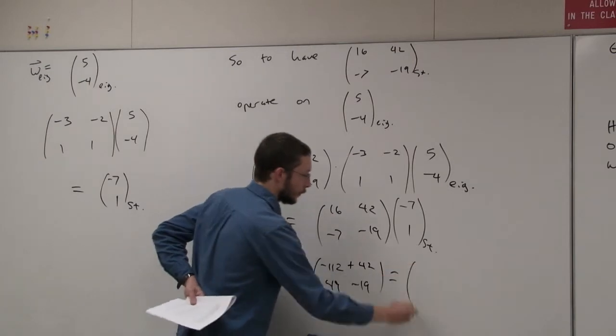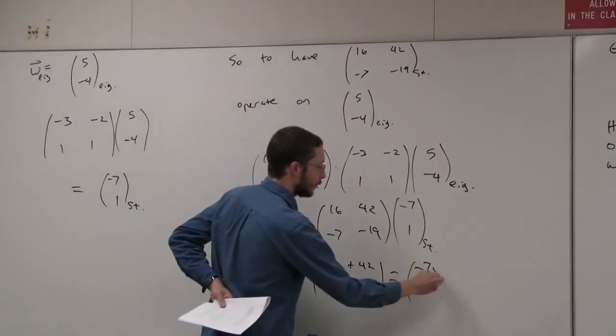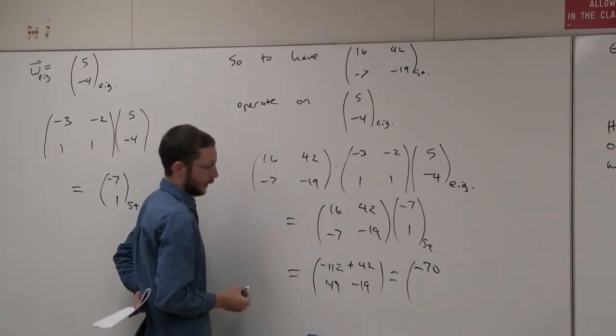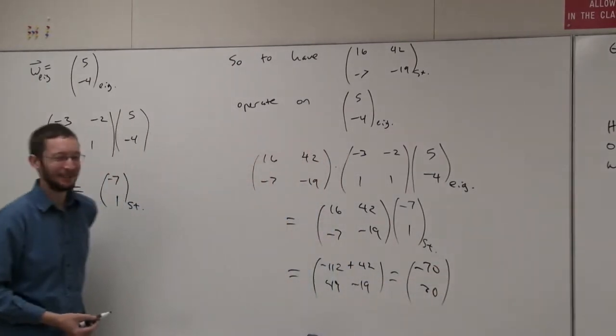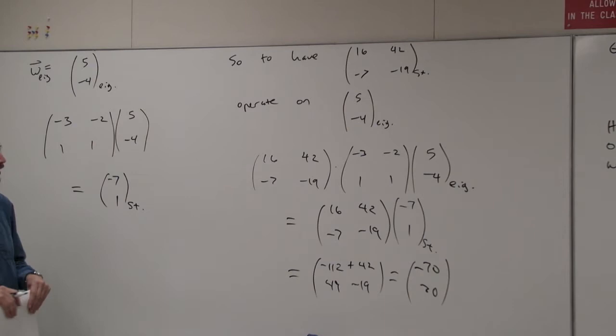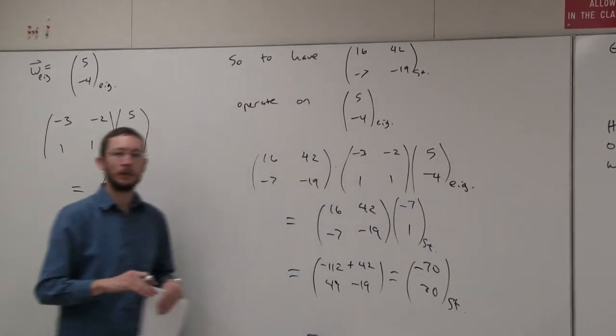And so what do we get? -70, is that right? Yep. And 30. All right, we did it. Hardest problem all day. All right, so this is written in terms of the standard basis. Any questions on what we've done so far?